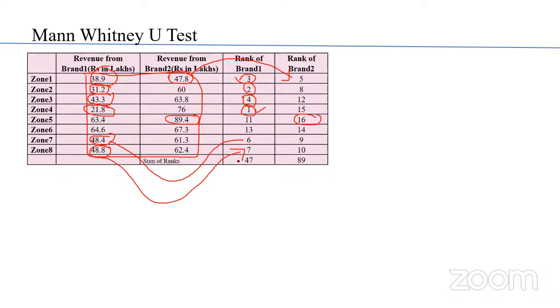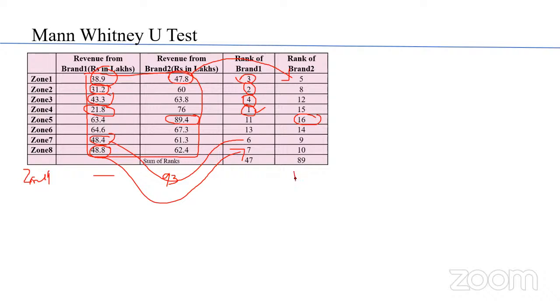Sir, one question. In case of an unequal number of items for the two brands, what kind of rank will we give? According to that only, we will give the rank, and for the other one there will be no rank. Here, assume that zone 9 is also there, for which we are not able to get brand 1 data, and its value is 93.